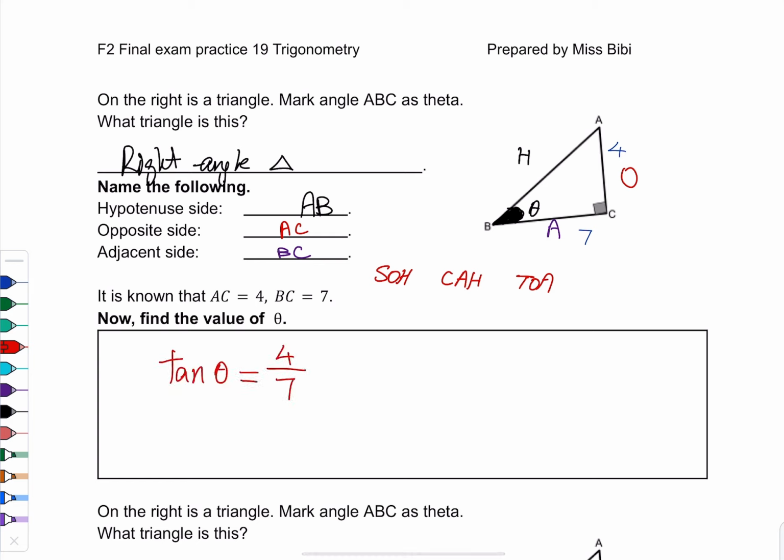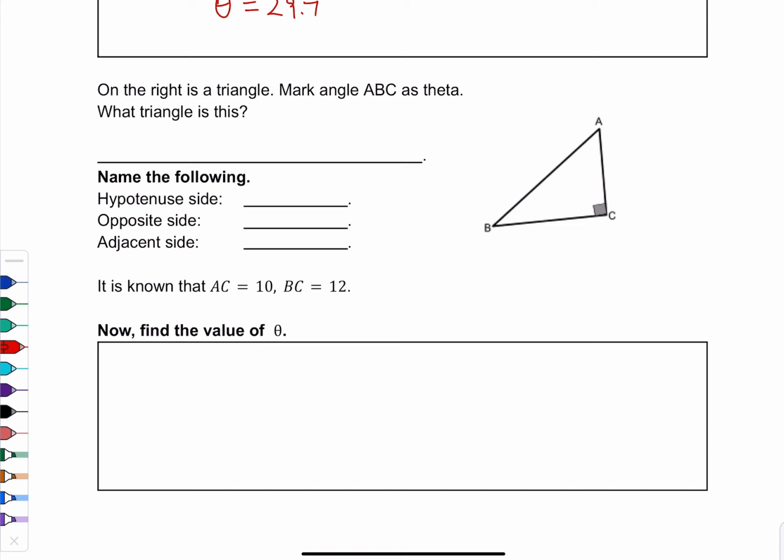So shift tangent 4 over 7. You get the answer as 29.7. So theta is 29.7 because it was 29.74, but this number is small, so no need to round off. Okay, so 29.7 degree. Okay, the last trigo question, and then we go to indices.